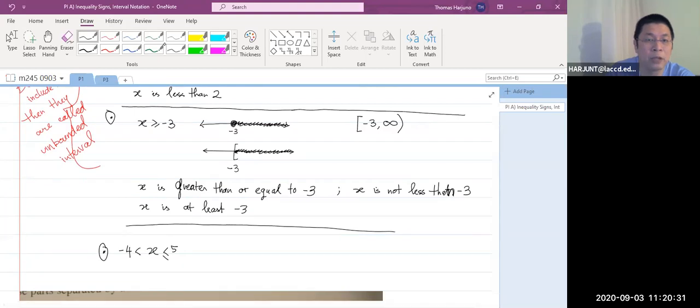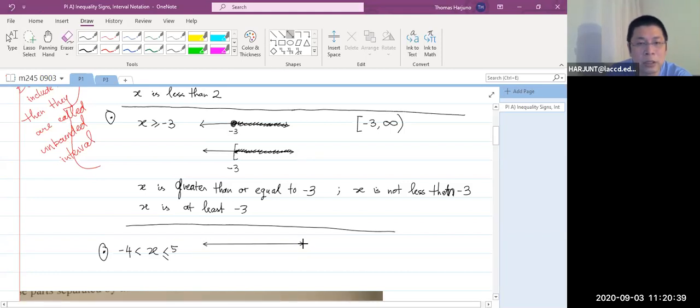Now pictorially, this is from negative 4, not including negative 4, so I use parentheses, right? Up to 5, including 5. Okay, and we shade the region or the segment that is in the interval.